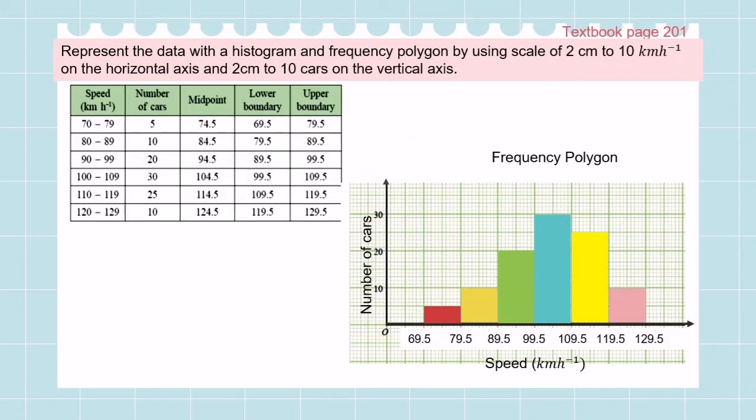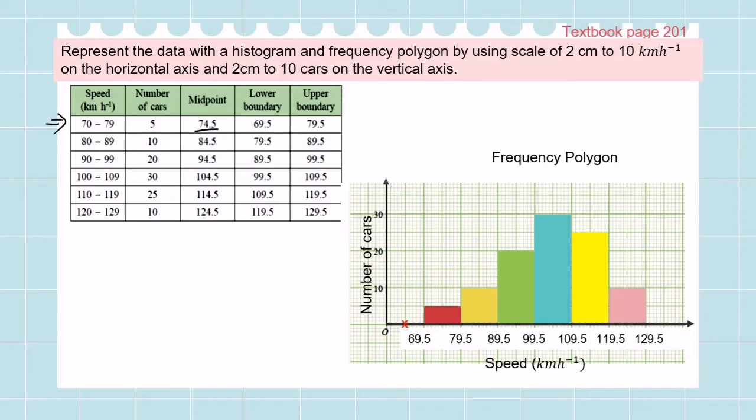Okay, so now how to draw the frequency polygon is very simple. The class interval before 70 to 79 is 60 to 69. So the midpoint is 64.5.